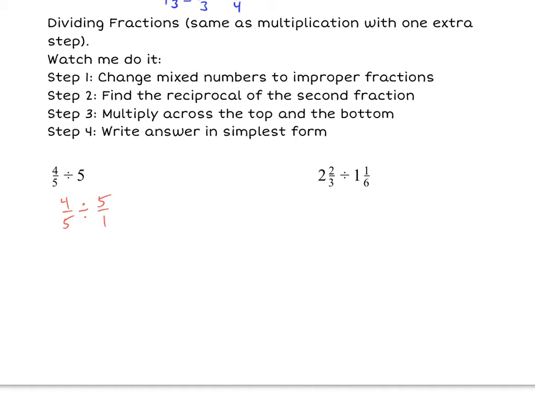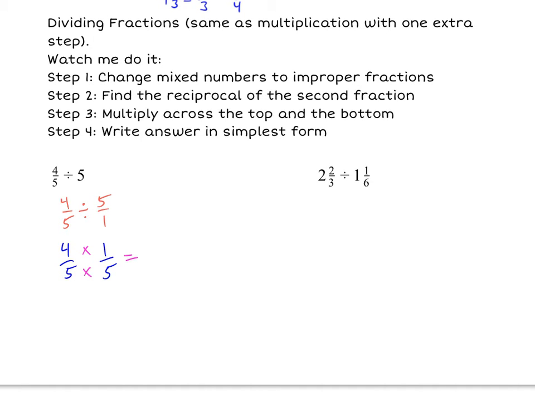So the second fraction is not 4/5. The second fraction is 5 over 1. What's the reciprocal of 5 over 1? 1 over 5. So step 2 is you're going to have 4/5 and you're going to have 1 over 5. My first fraction stays the same. My second one gets flipped. Step 3 is multiply across the top and across the bottom. Wait, why would you multiply? It's supposed to be a divided problem.